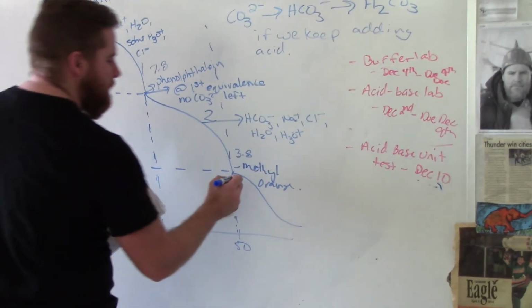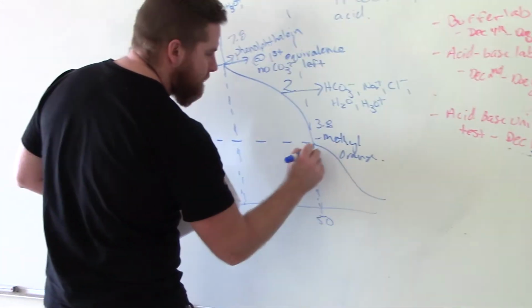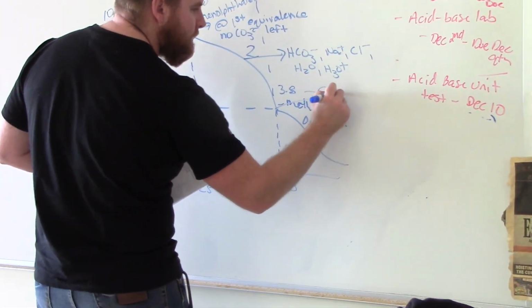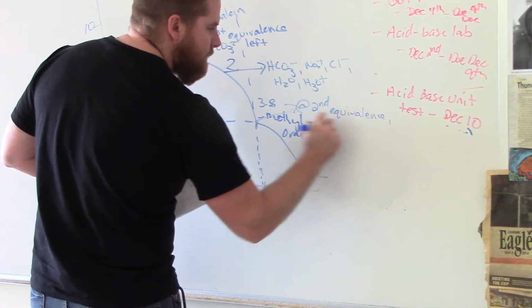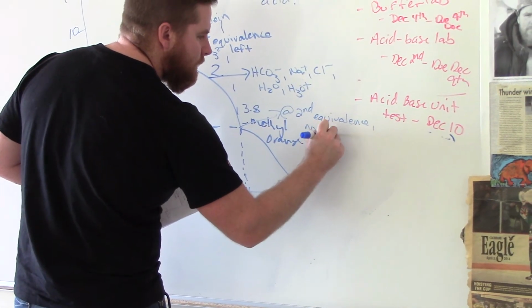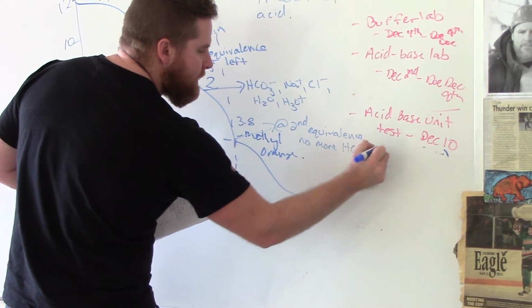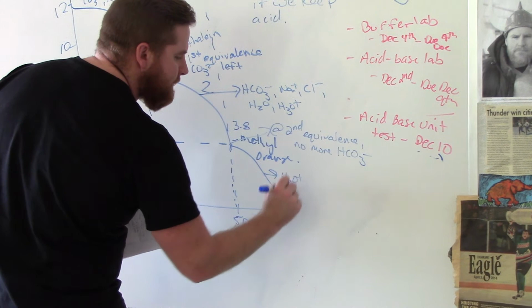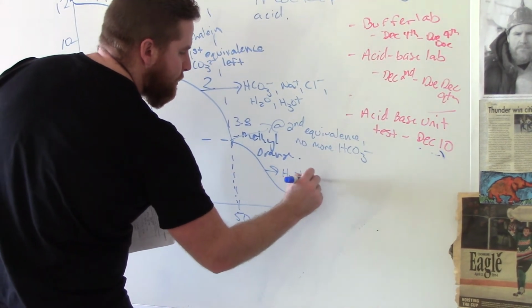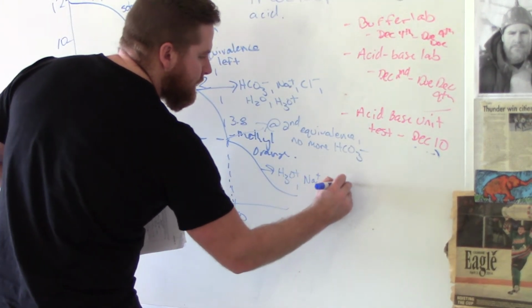Okay, and then at second equivalence, no more HCO3 negative, and then after we'll have H3O plus, Na plus, Cl negative, and H2O.